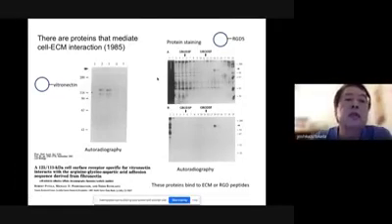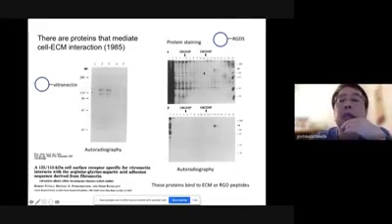They made a detergent lysate, incubated it with the vitronectin beads, and then eluted with RGD. Over here is the control peptide and the RGD peptide. The RGD peptide eluted two bands.